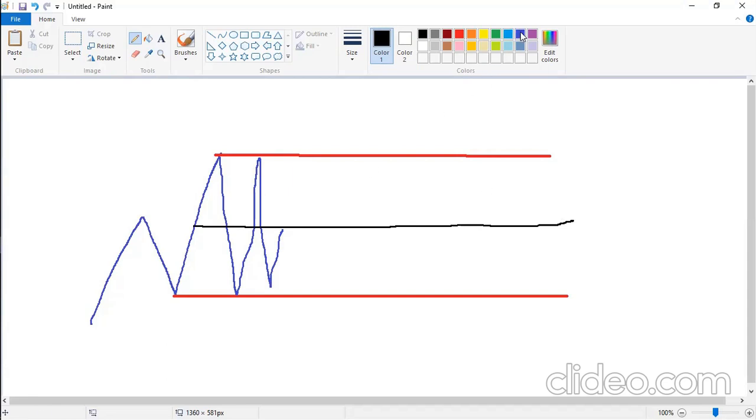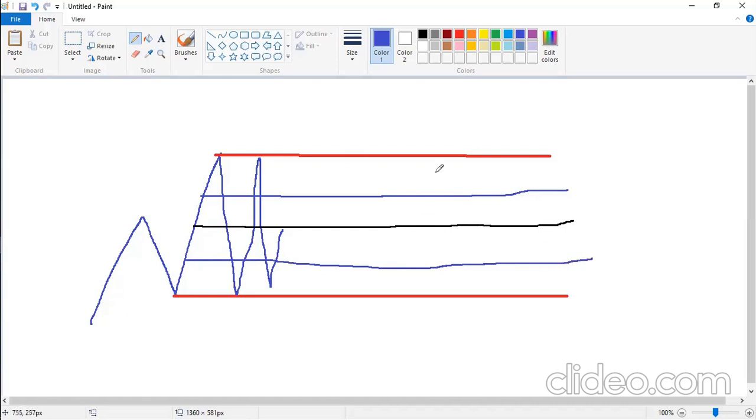Then you divide the premium in half again, and the discount in half again. Now what you want in a range is this upper 25% and this lower 25%.